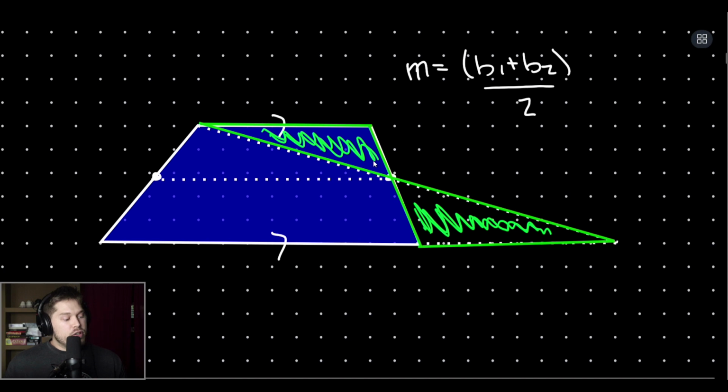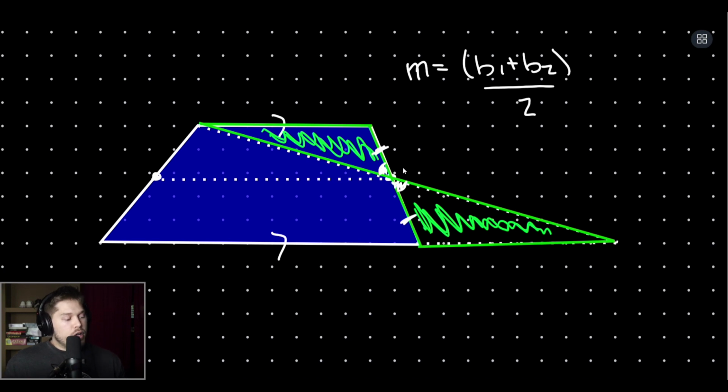So paying attention to these triangles, by definition of mid-segment, we know that this side here must be congruent to this side here. We know by vertical angle theorem that this angle is congruent to this angle.